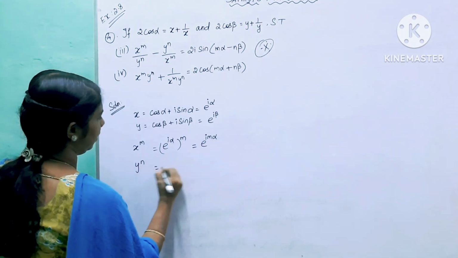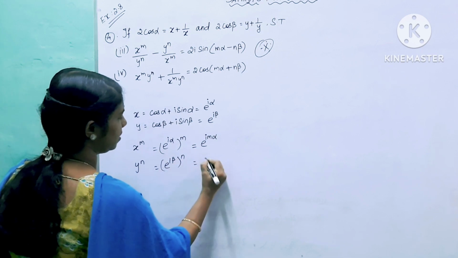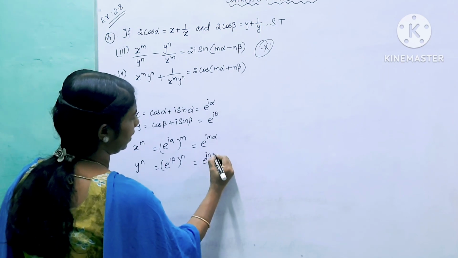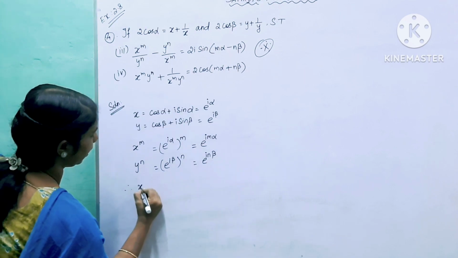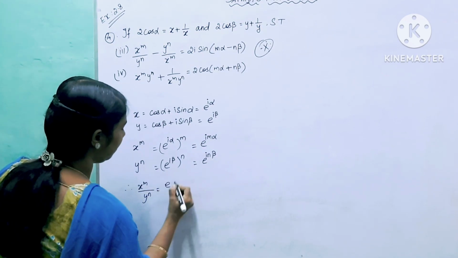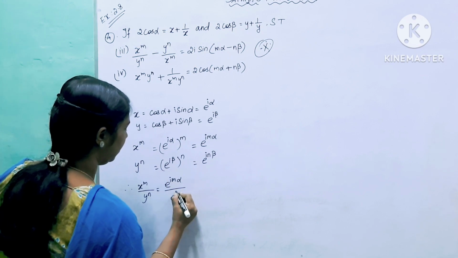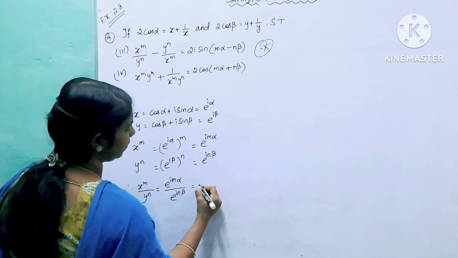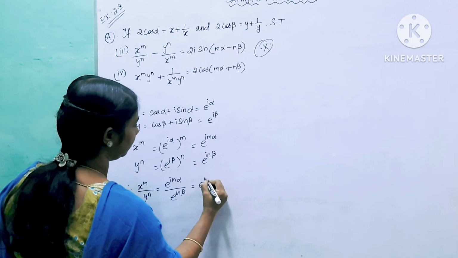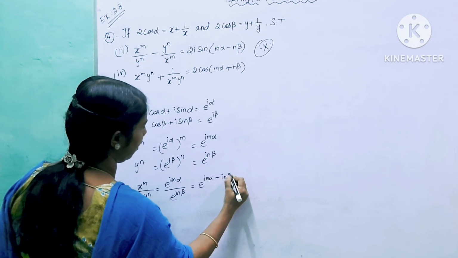Y power n, how can we write it, e power I beta the whole power n. This is e power I into n beta. Therefore x power m by y power n, how can we write it, e power I into m alpha by e power I into n beta. This we can write as e power I into m alpha minus I into n beta.